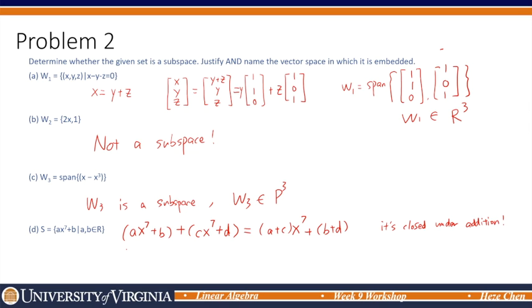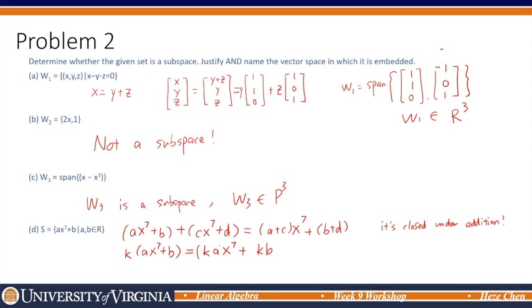Also, by doing k times (ax to the 7 plus b), we will get k times a times x to the 7 plus kb.